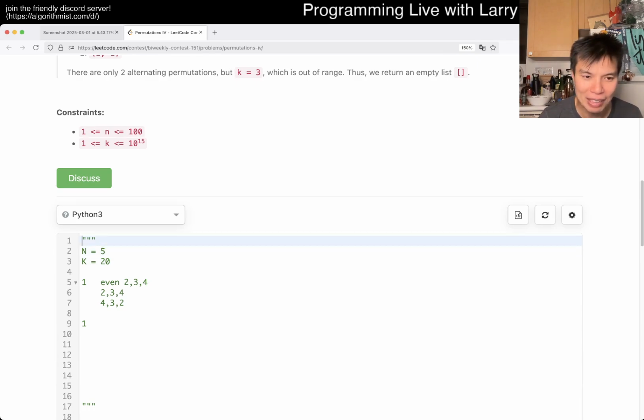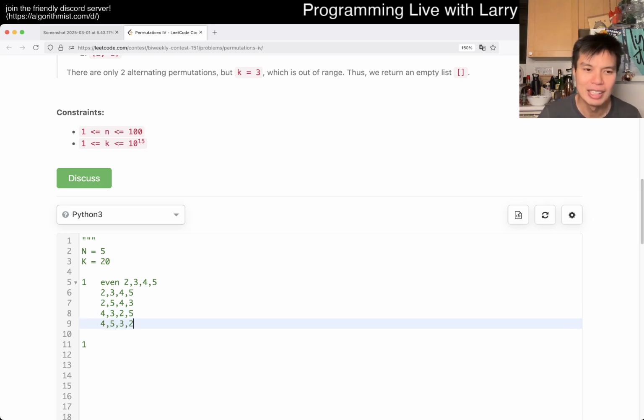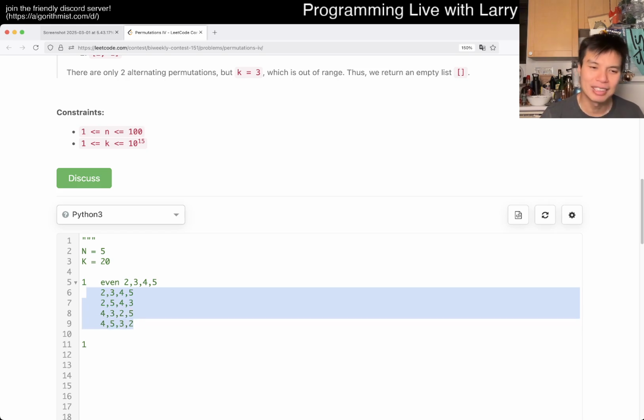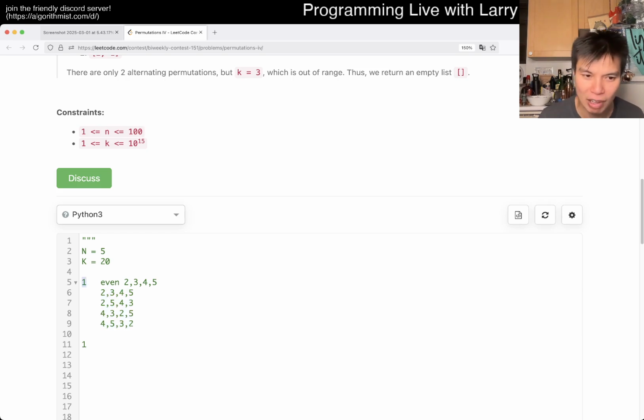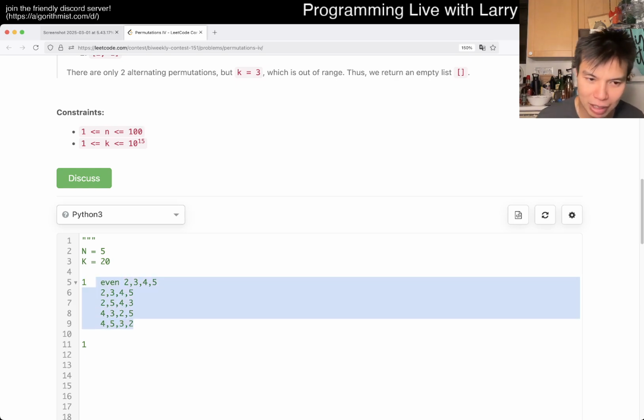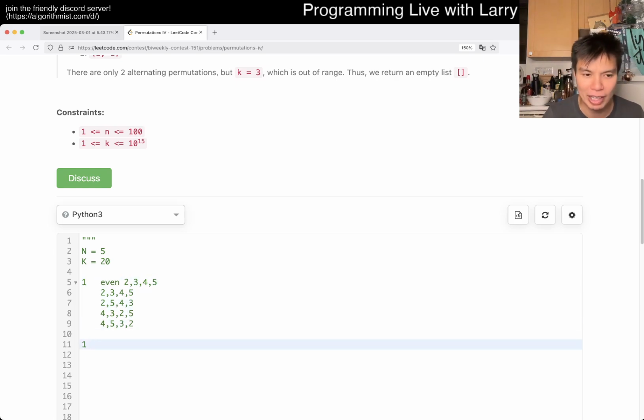Maybe, okay, let's do 5, right? So then now we have a 5. So then now we have either this or 2, 5, 4, 3, or 4, 3, 2, 5, or 4, 5, 3, 2, right? So there are 4 numbers. We know that the first number is not a 1 as a result, because there are only 4 numbers afterwards. So then now we try a 2, right?